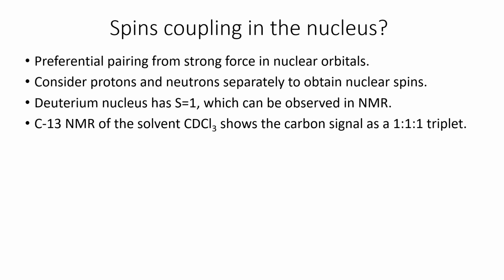So actually carbon NMR is an interesting case. In carbon NMR, if for example you're working in the solvent of deuterochloroform, CDCl3, which is a very common solvent, of course we can make the hydrogen in that solvent invisible, if you like, in a hydrogen NMR spectrum.